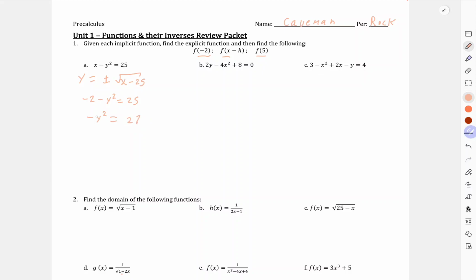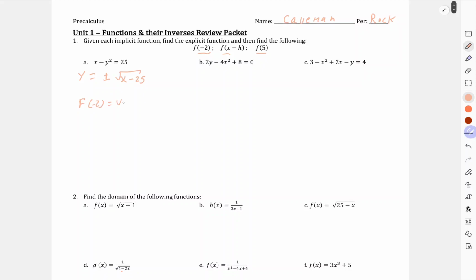So when that becomes 27, if you are going to divide by negative, give this a negative, right? And then try to root it, so you'll go like y squared equals, y equals root of negative 27. That's undefined. You cannot do that, right? So the conclusion we come to is that f of negative 2 is undefined, right?